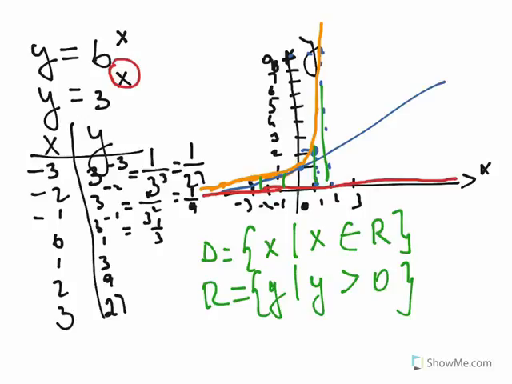The graph is continuous. We don't have any discontinuity point here, and the graph goes up and is increasing. So this kind of graph that increases has a name. This graph is called exponential growth. I'm going to write here: exponential growth.